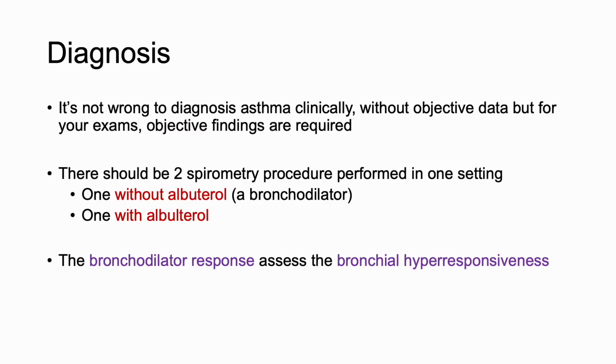But remember, it is also not wrong to diagnose asthma clinically without objective data, but for your exams, objective findings, including a PFT or spirometry findings, are a high-yield concept to understand. There should be two spirometry procedures performed in one setting, one without albuterol, then one with albuterol. The bronchodilator response assesses the bronchial hyperresponsiveness of the airway.